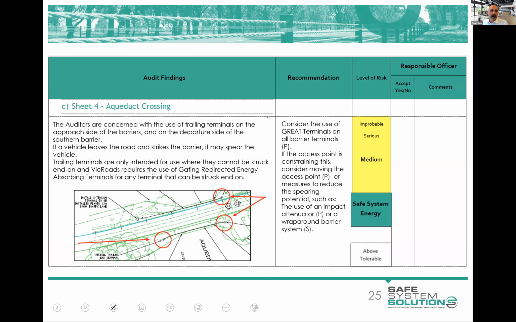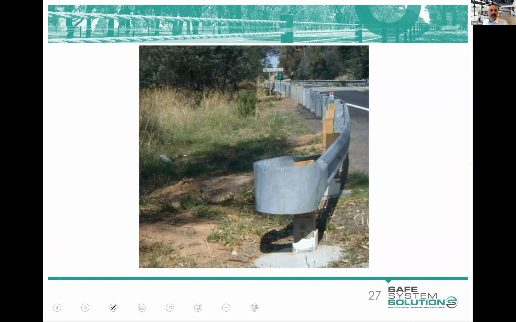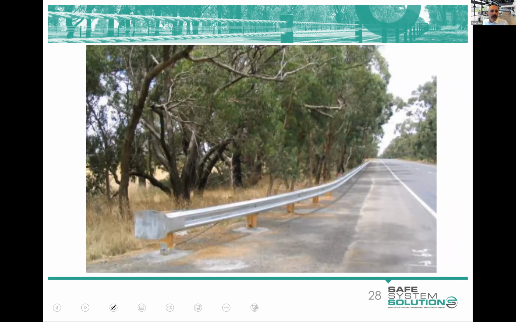I won't go through all of it, but end terminals, ramped end terminals are fairly obviously bad. I think people can see that people would vault off those. Even now, breakaway cable terminals, we still worry about spearing through those, but we still see them deployed out there on the network, which is concerning.